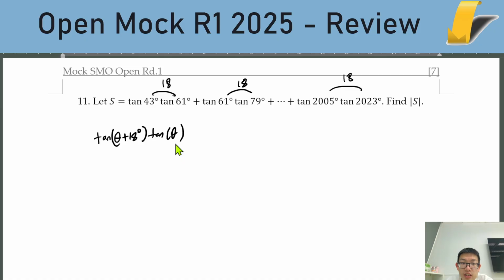How will I have this? Well, I could actually get it from my tangent sum or difference formula, and since the differences are fixed, I'm going to use the tangent difference formula.